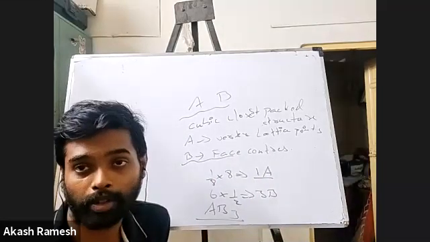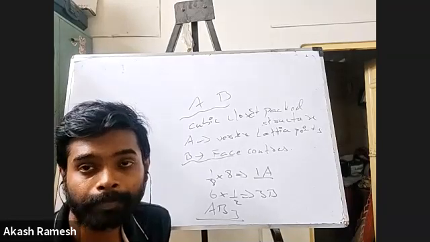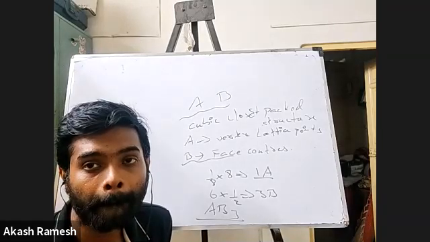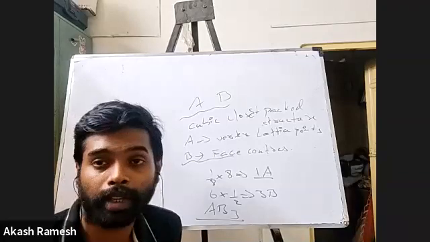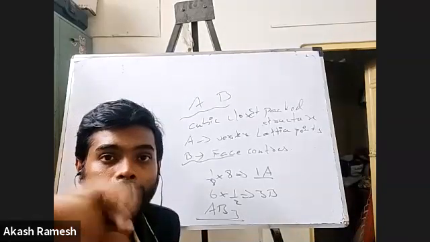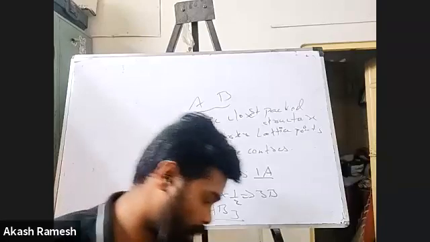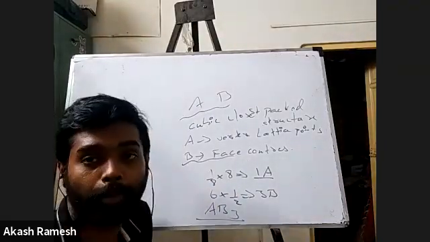Everybody understood? If you didn't understand, please ask me. Okay, some people are there, and I got one answer and understood. Good. Fine. So this kind of problems can also be asked.